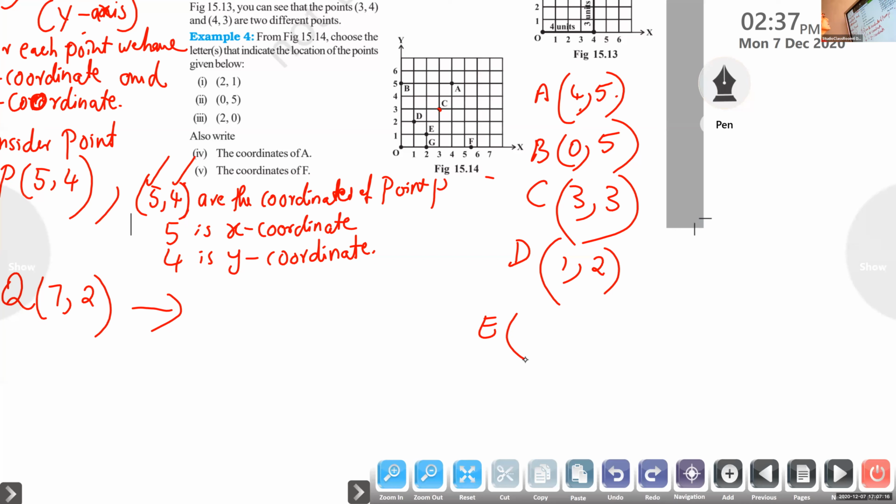Salim, coordinates of E. X coordinate. Coordinates of E are?